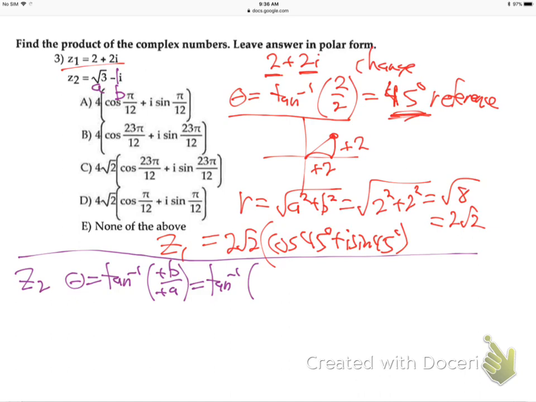Actually b is negative 1, but I'm going to make it positive 1 over positive root 3. That's 30 degrees again, isn't it? 30 degrees reference. But then we have to put it in the correct quadrant. Am I going too quick? So finding the second angle. Let me let you finish that.